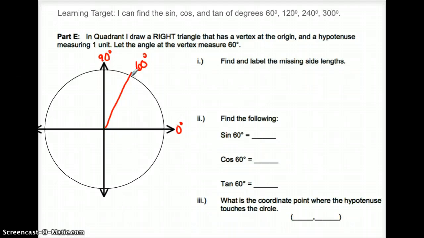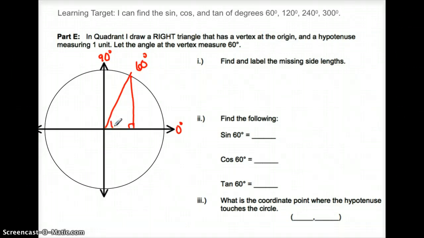Now I'm going to drop my altitude to the x-axis and make myself a little right triangle. If this ray here, the hypotenuse of my triangle, represents 60 degrees, then this corner angle is the measure from the axis, which we're counting as 0, to 60 degrees.